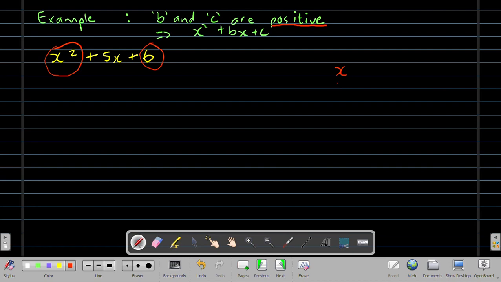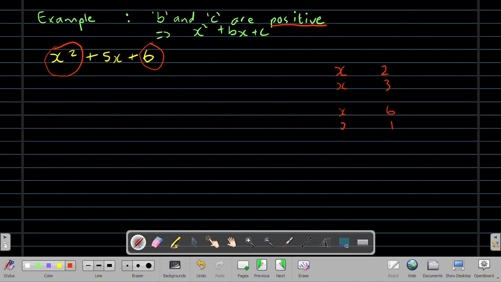They're going to be x and x, very simply, not much problem there. And for the factors of 6, we actually have 2 sets of factors. We have either 2 and 3, or we have 6 and 1.